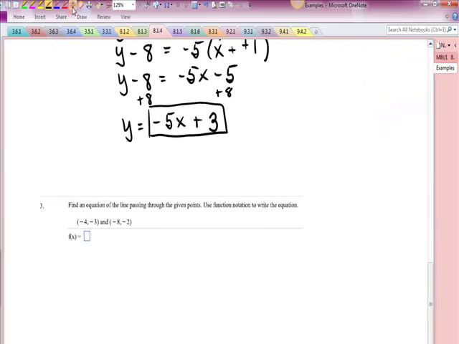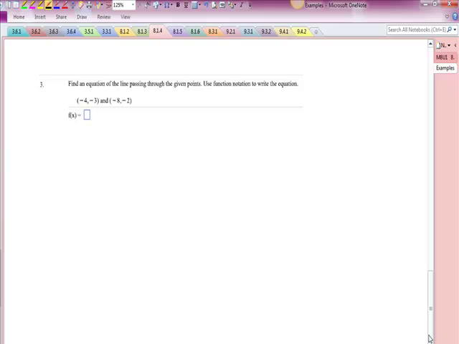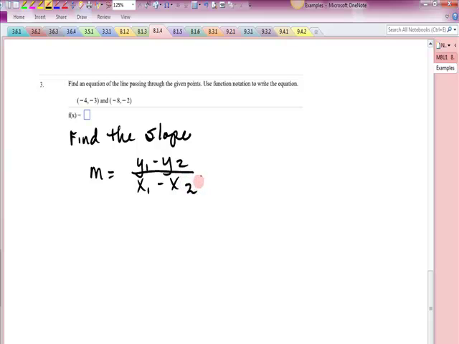All right, let's do just one more. All right, let's find the equation of the line passing through the given points. I need to, first of all, find the slope, and m is equal to y1 minus y2 over x1 minus x2. That's going to be, remember, y's on top, x's on bottom.